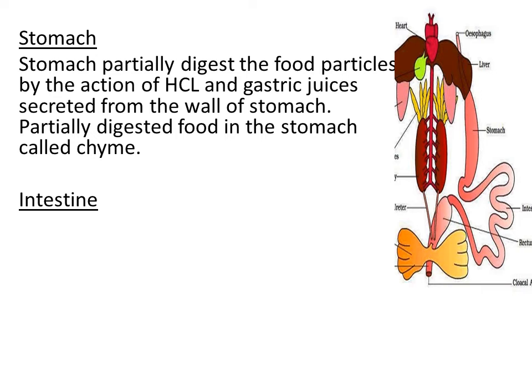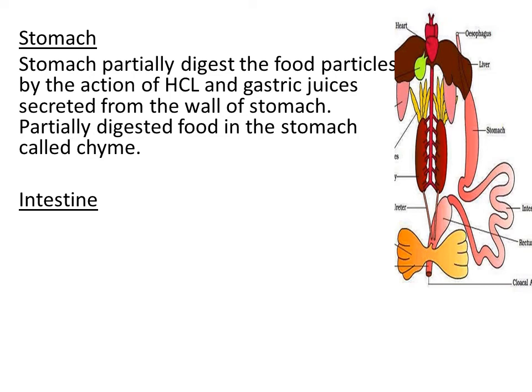The intestine is connected with the digestive glands. The liver in the frog secretes bile juice, and that bile juice gets stored in the gallbladder. In the diagram, the green colored sac-like structure that you are observing on the surface of the liver is called the gallbladder.